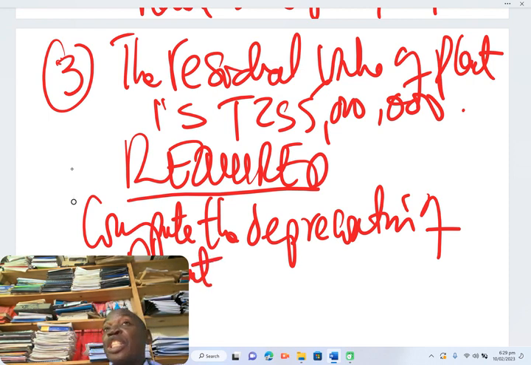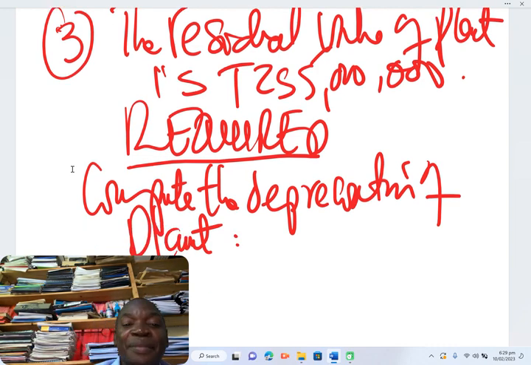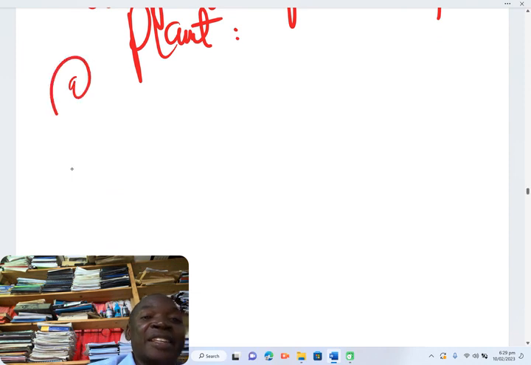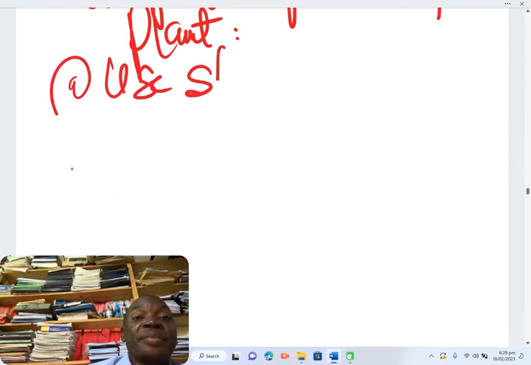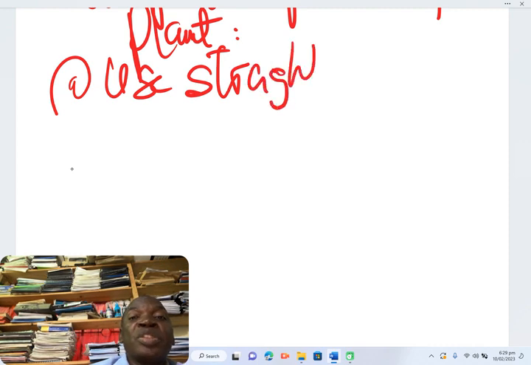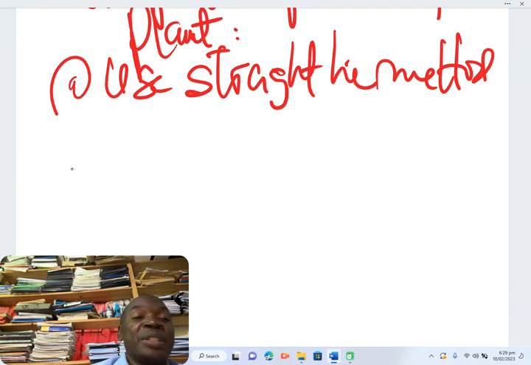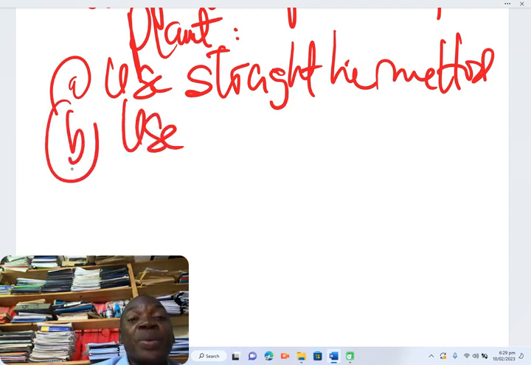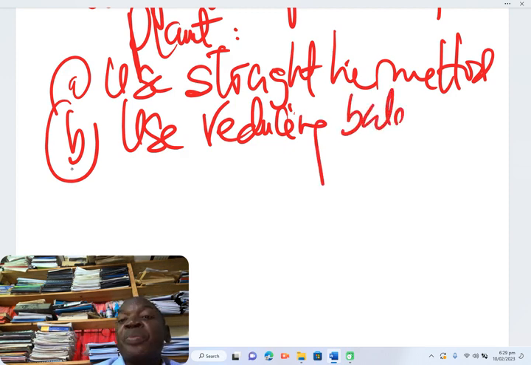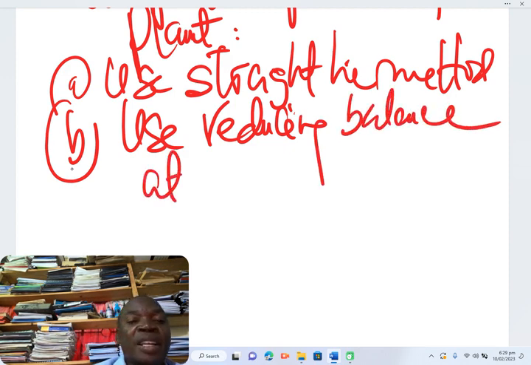Compute the depreciation of plant. Sasa, number 1, A, use straight line method. B, nasema use reducing balance at 20%.